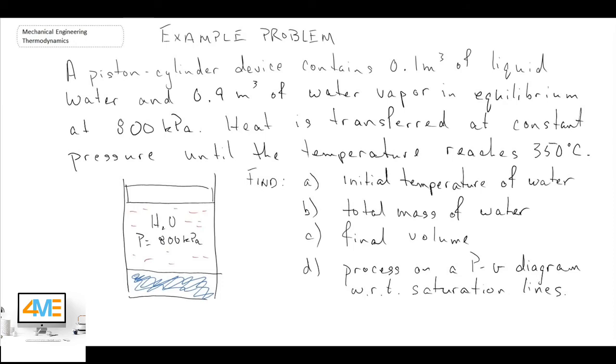So when you have a problem like this, the best thing to do is to begin by writing out the information that you know, and the unknowns are the things that we have to solve for. So let's begin by writing out the information that we know. We know that we have a piston cylinder device.